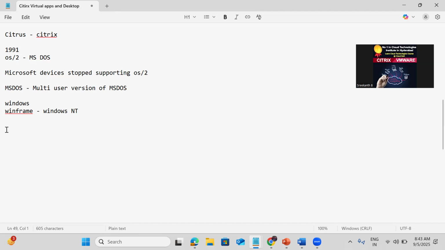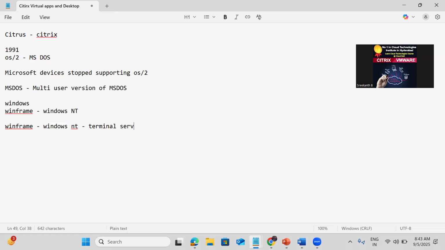They proposed a condition to Citrix: they would pay huge money, but WinFrame should be completely given to Microsoft. It was not a common collaboration project. Citrix accepted that proposal.